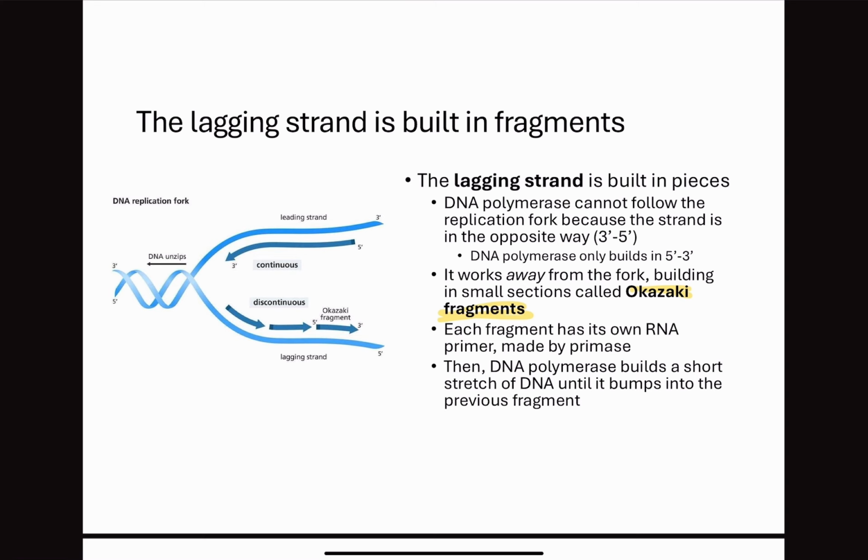Every single one of these Okazaki fragments requires its own primer. And remember that RNA primer is made by primase. So after this, DNA polymerase is going to build short stretches of DNA until it bumps into the previous fragment. And it's important because the lagging strand is built in pieces, and then later those pieces have to be connected.